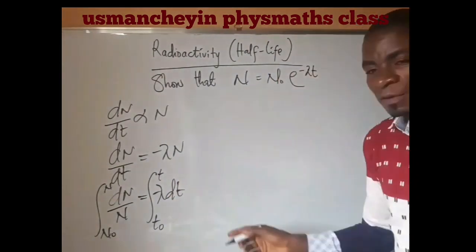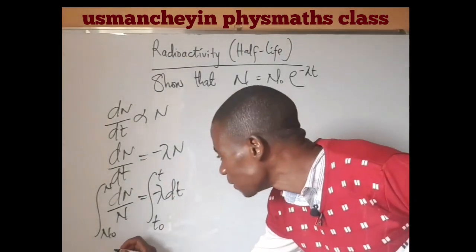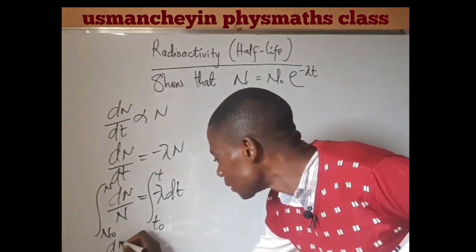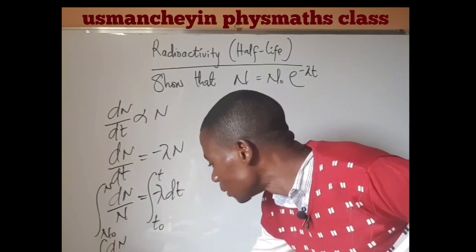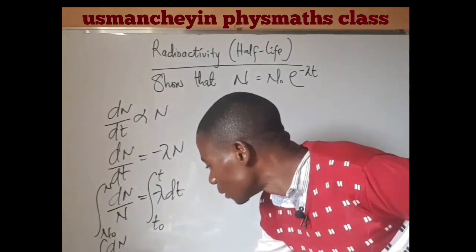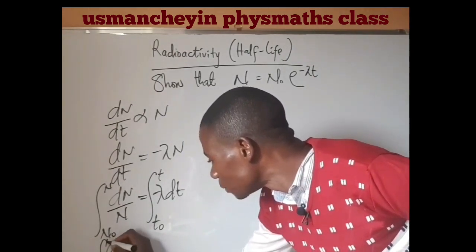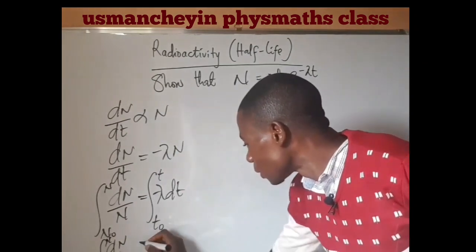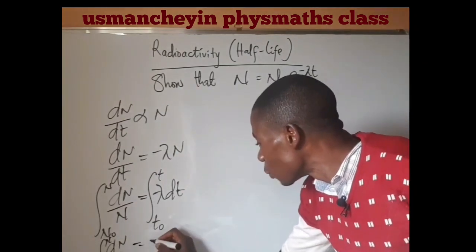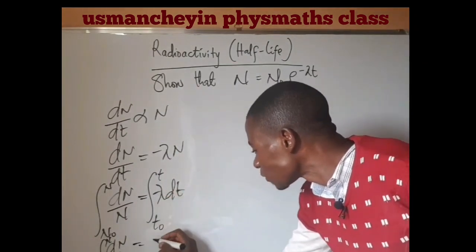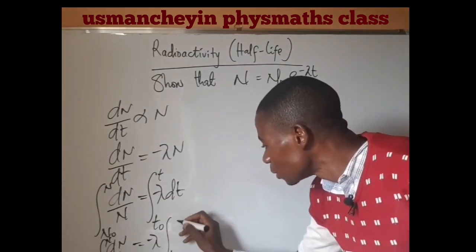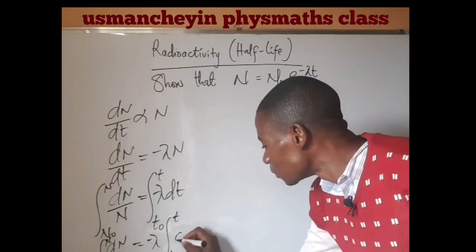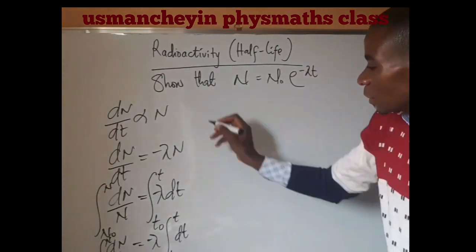So from this point we have the integral of dN over N, equal to, then we factor out the constant outside, so that we have the integral from t naught to t of dt.